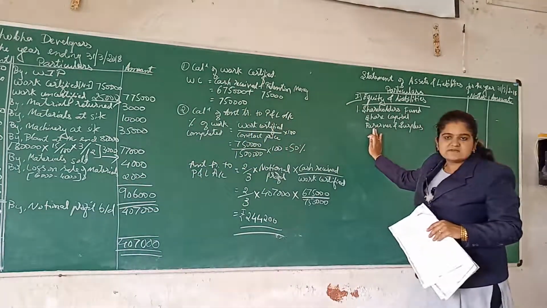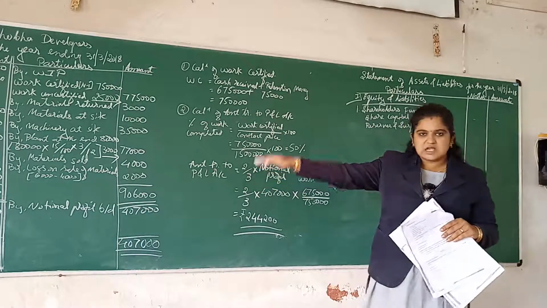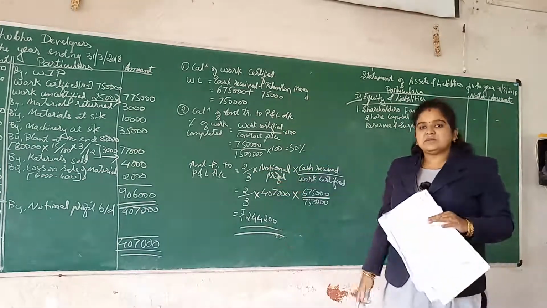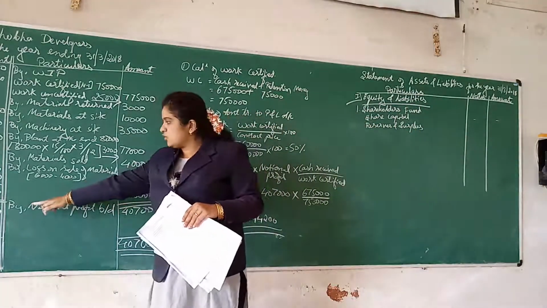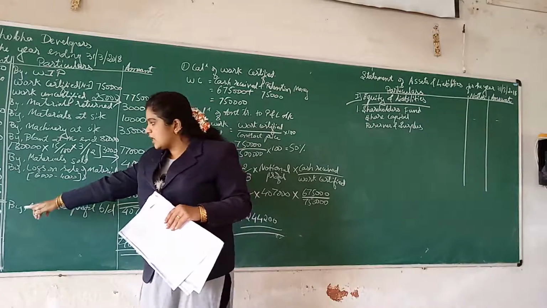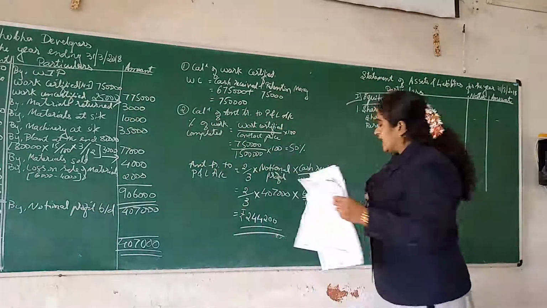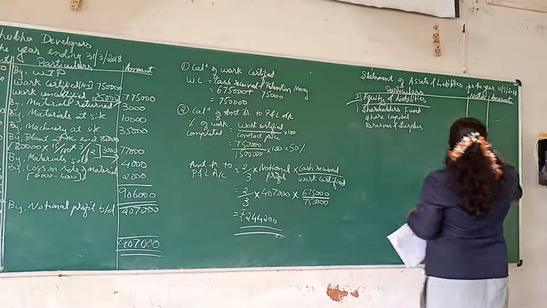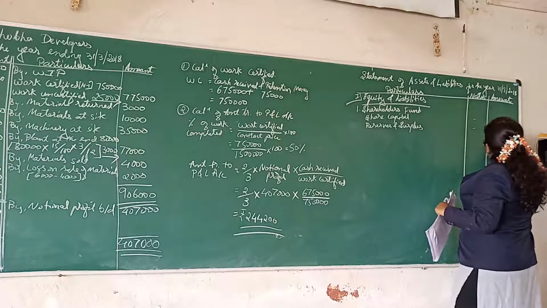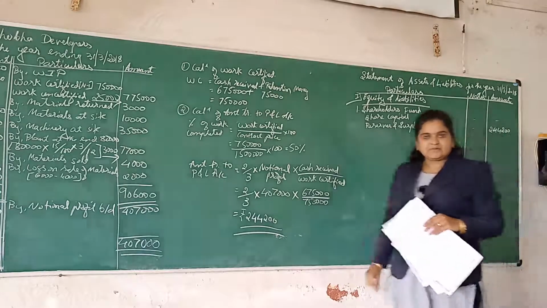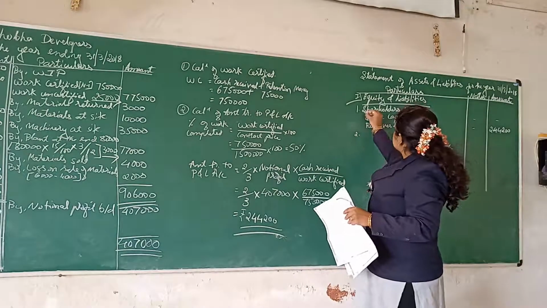Just check the contract account debit side. Here we have profit and loss account. So the amount transferred to profit and loss account is 2,44,200. So that amount has to be shown over here. 2,44,200. Fine.